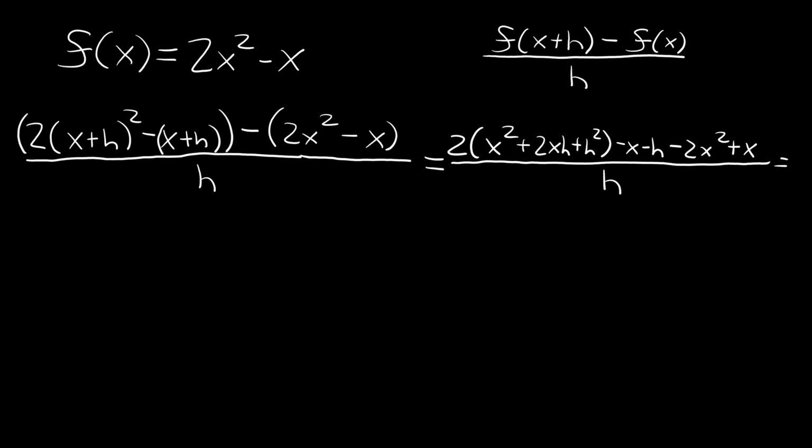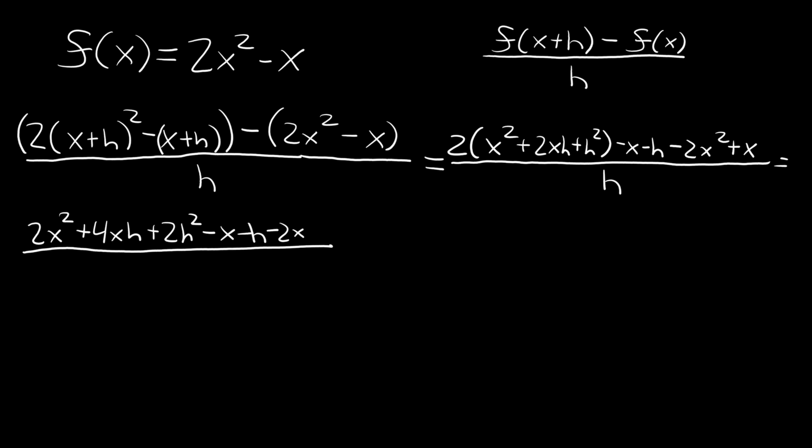Now we can distribute this 2. So 2x squared plus 4xh plus 2h squared minus x minus h minus 2x squared plus x all over h.